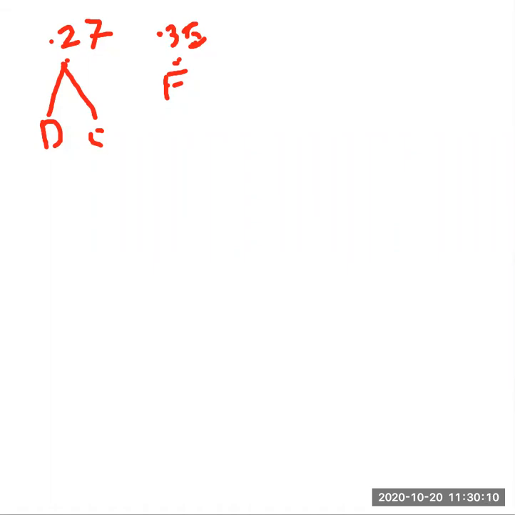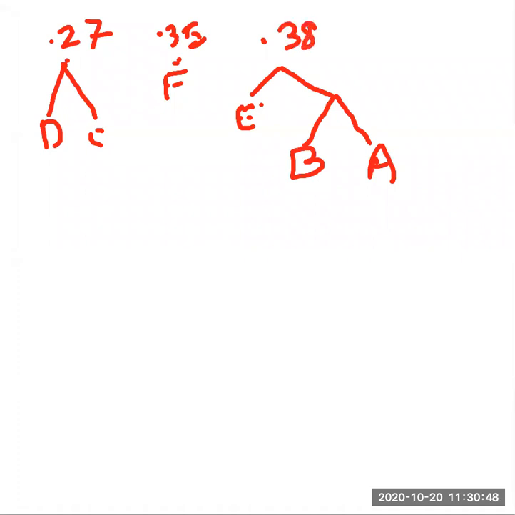In 0.38, you will have E, and to this E, you have B and A. This is step 3. Now combine the two smallest.